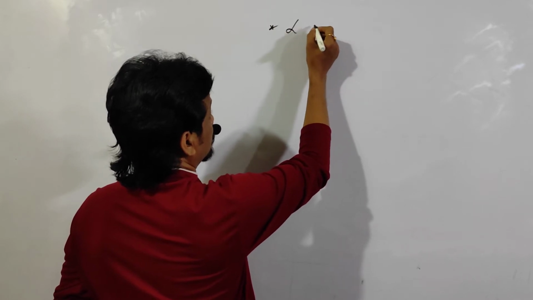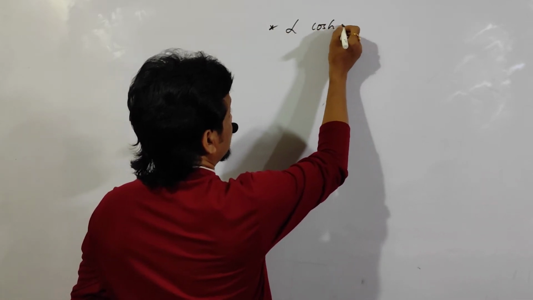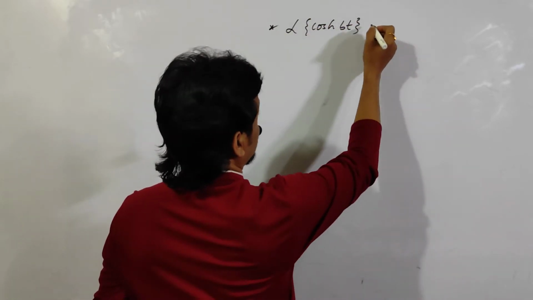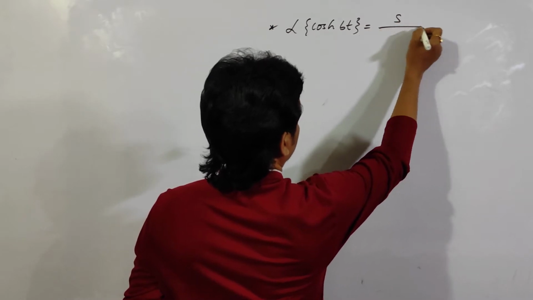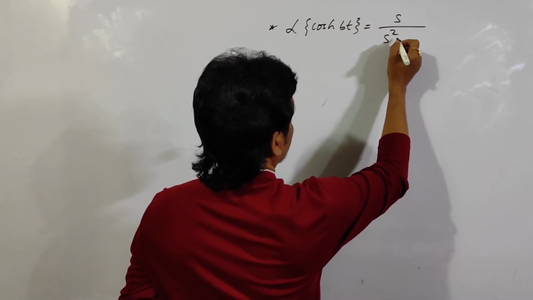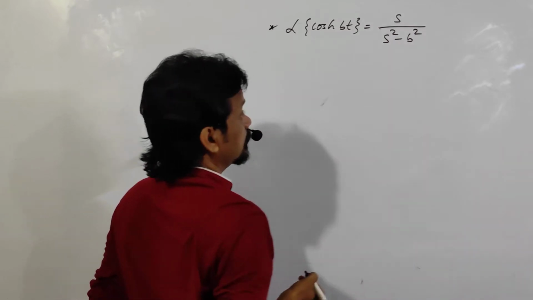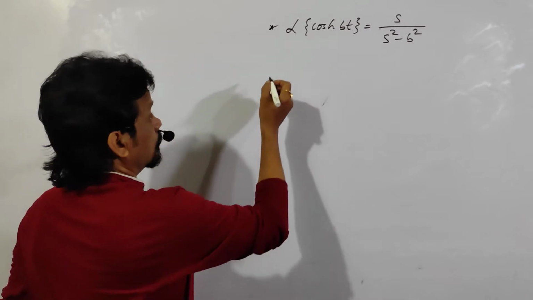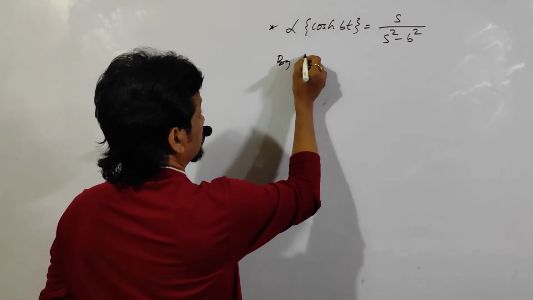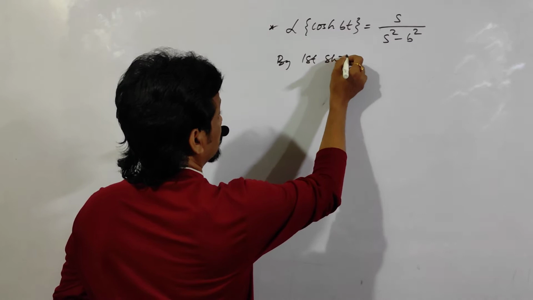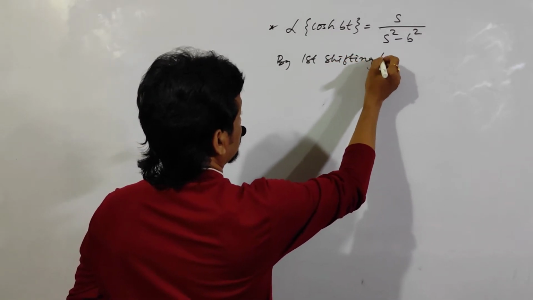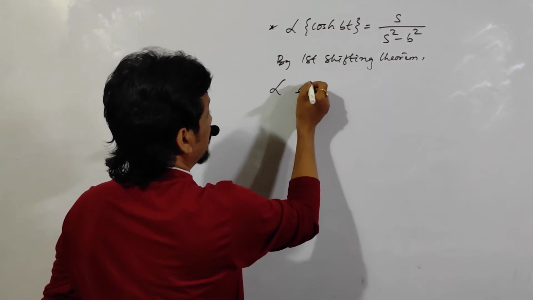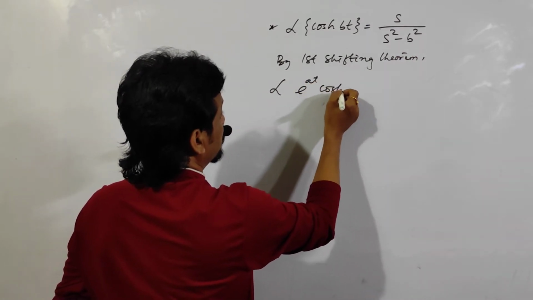See here, Laplace of cosh bt, the formula is s by s square minus b square, isn't it? Now, by the first shifting theorem, Laplace of e to the power at into cosh bt.